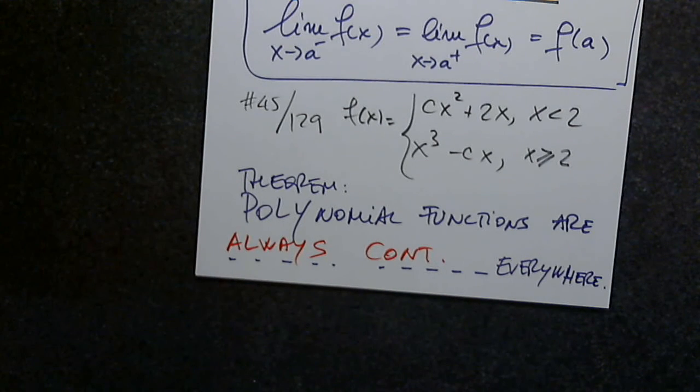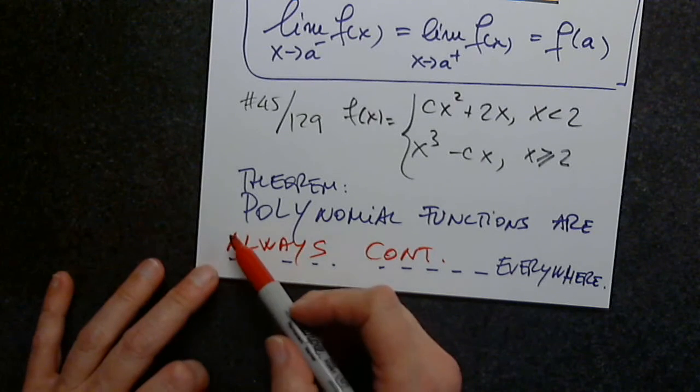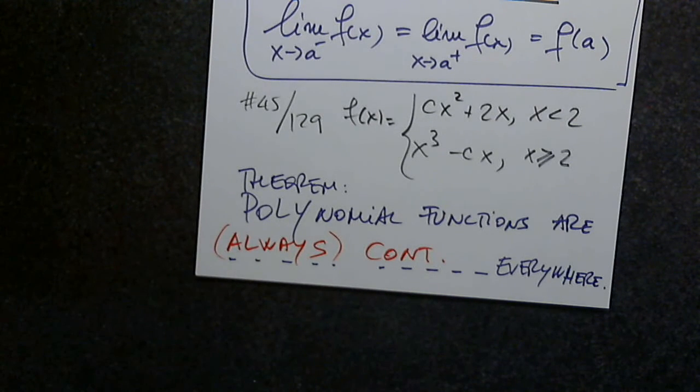They're always continuous everywhere. I know the always is redundant, so you can skip it. But yes, polynomial functions are continuous everywhere.